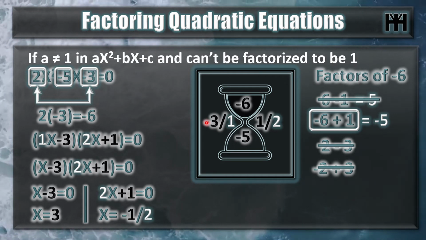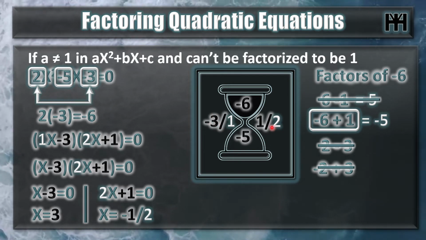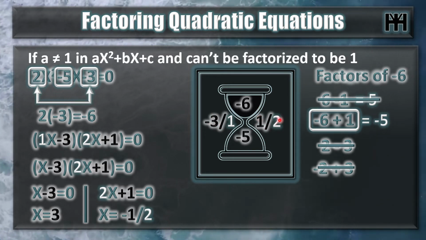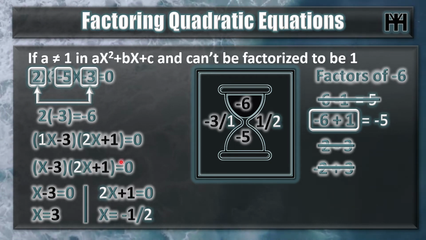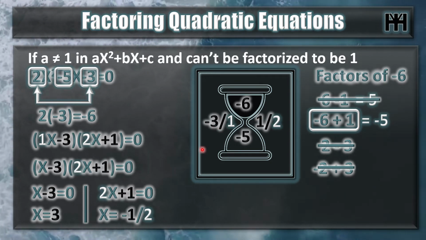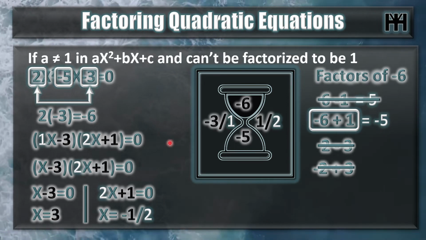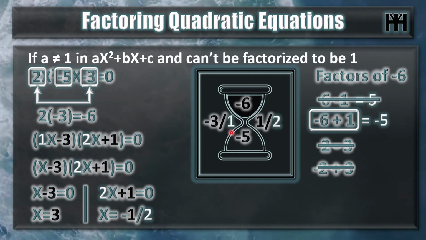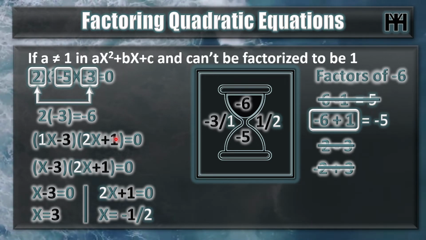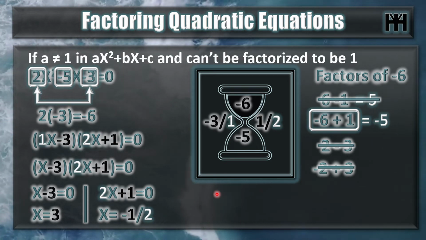The first one gave us negative 3 over 1, and the second is 1 over 2. So this will be the coefficient of x here. And as before, 1 is the coefficient of x, and negative 3 will be added to x, and 1 will be added to x here. So that's it.